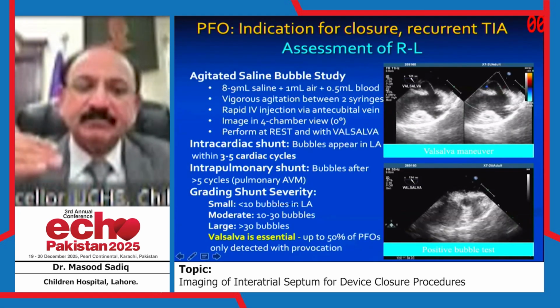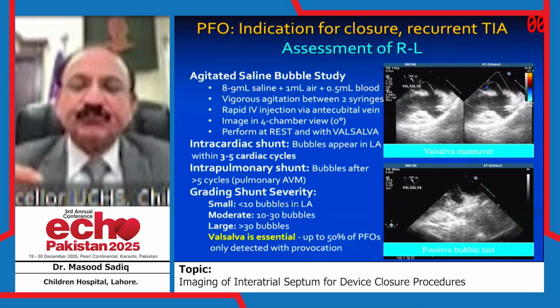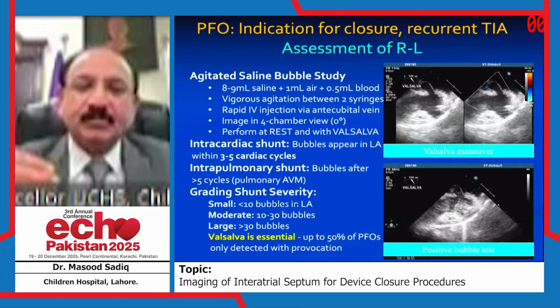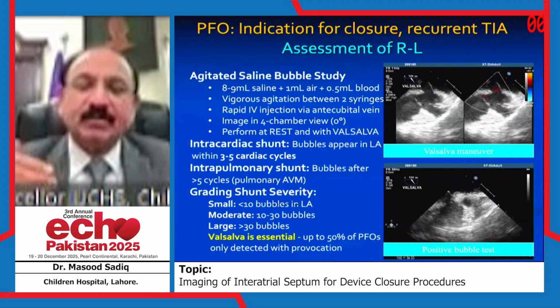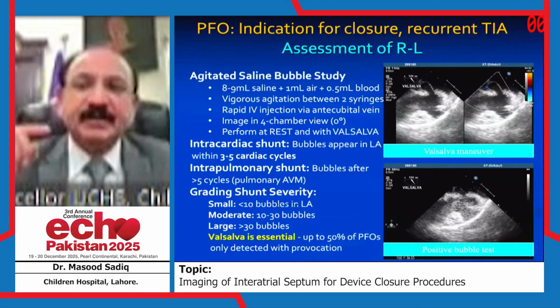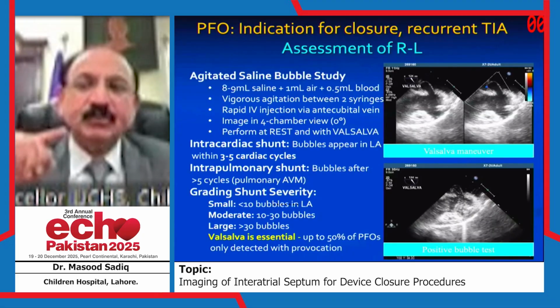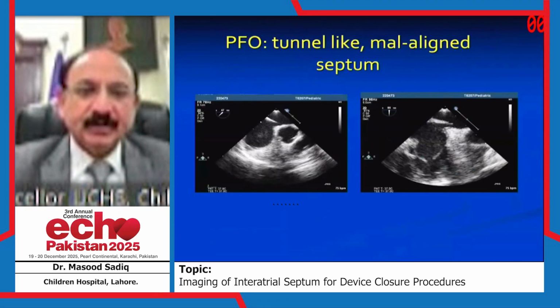We can decide the grading by seeing the number of bubbles that go to the other side, as small, moderate, or large. I'm sure each person who does echocardiography knows that Valsalva is crucial because you will be missing 50% of PFOs if you do not do a Valsalva maneuver while doing a transesophageal echocardiogram.